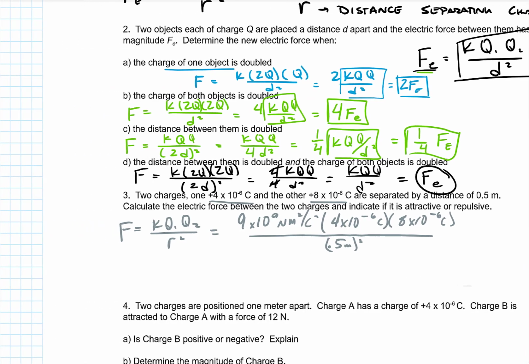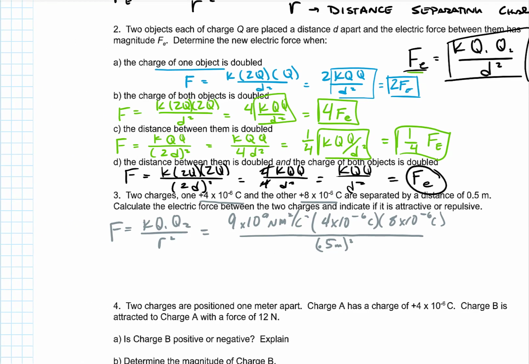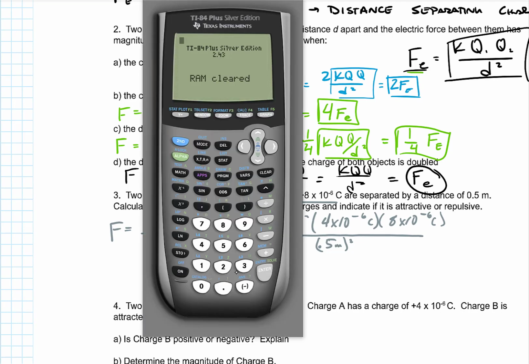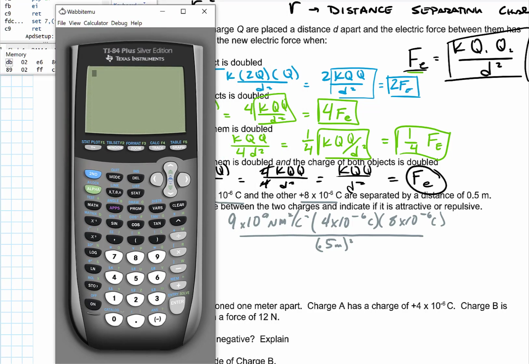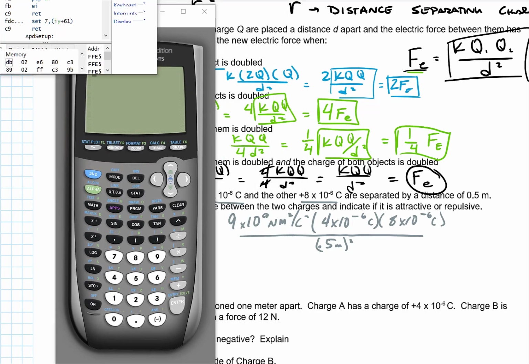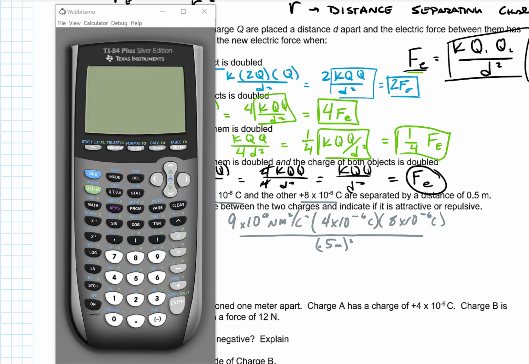So if I want to get that value, I need to calculate it, and so we'll go through that calculation with you, just to make sure that we're putting it in our calculators the right way. So we're going to do K, 9, and we do second, comma, 9, times 4, second, comma, negative 6, times 8, second, comma, negative 6, divided by 0.5, and then the 0.5 has to be squared.